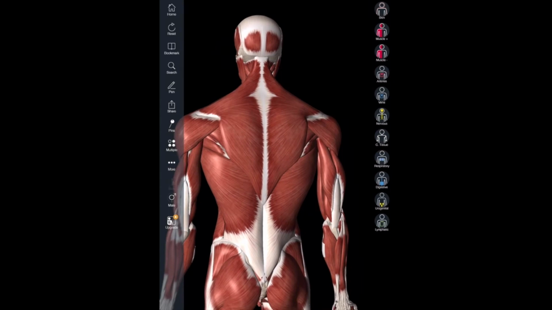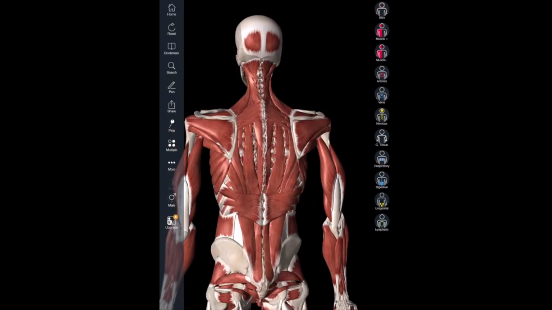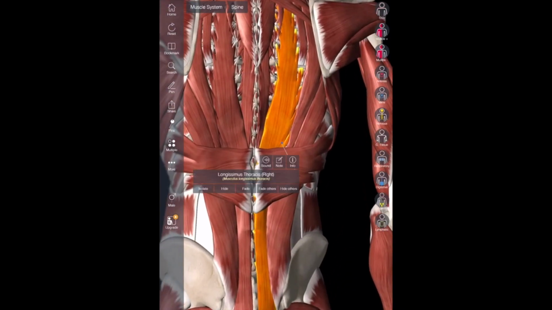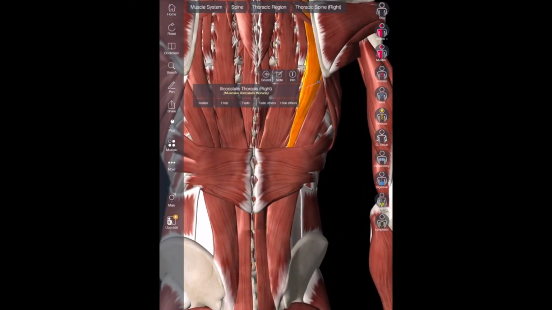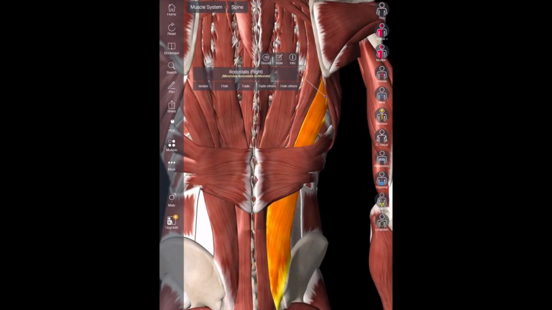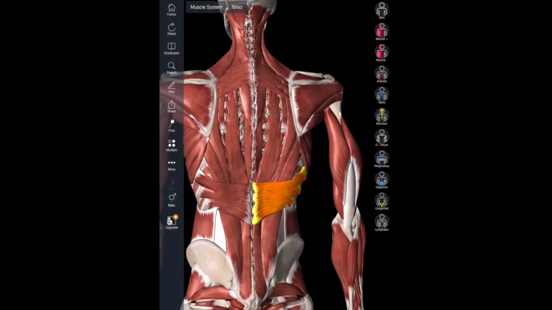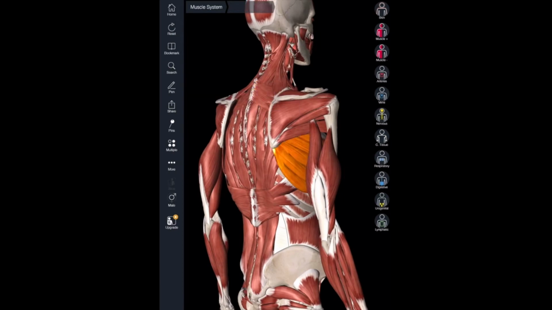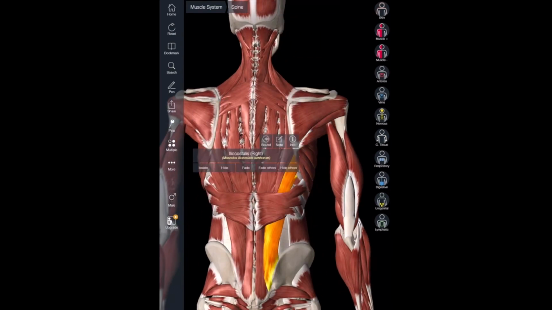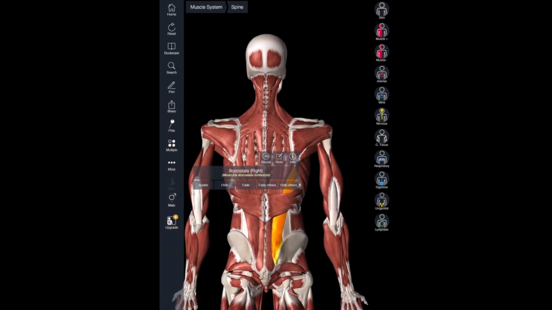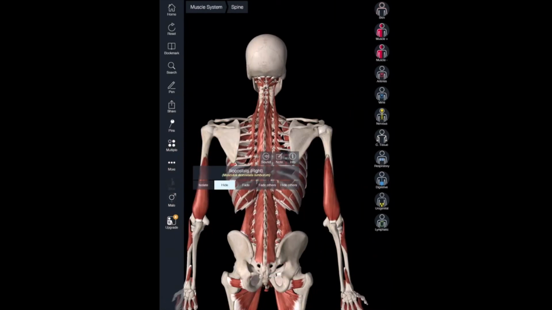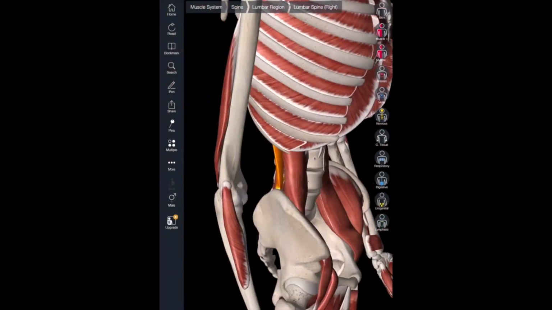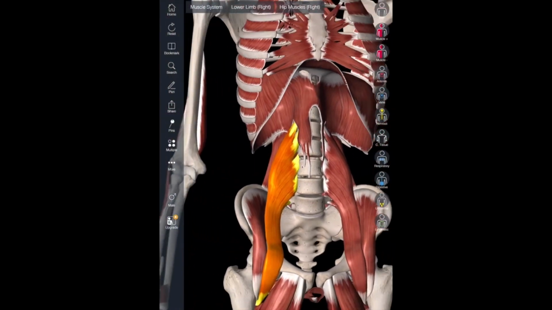If we take some off, we find the erectors in through here. All of these guys are erectors. We have serratus posterior inferior, serratus posterior superior. Let's not forget serratus anterior. Also, oops, that's iliocostalis. Let's take some off here. Also, quadratus lumborum. We're on to the front, psoas.